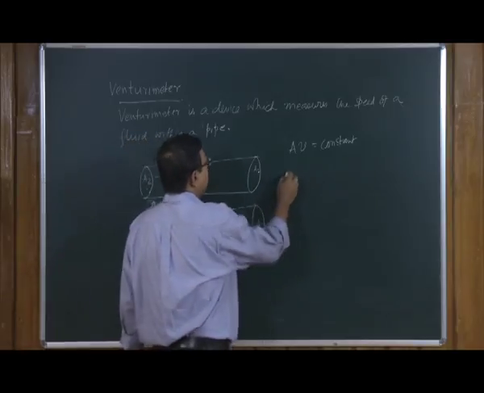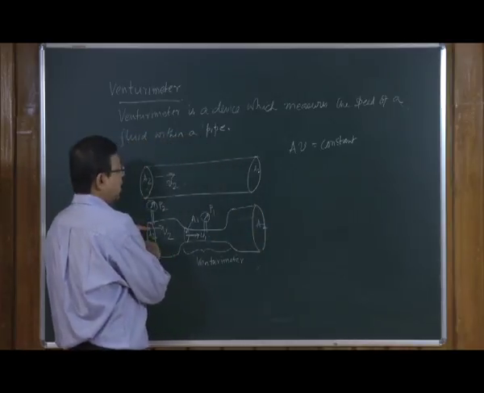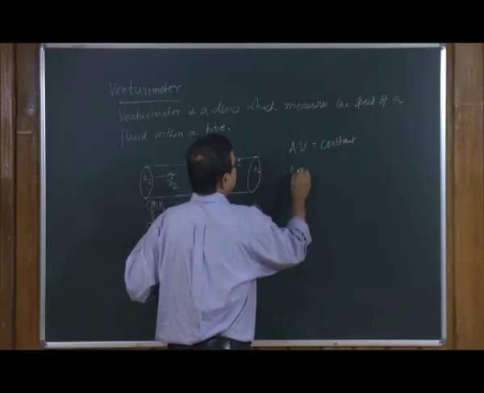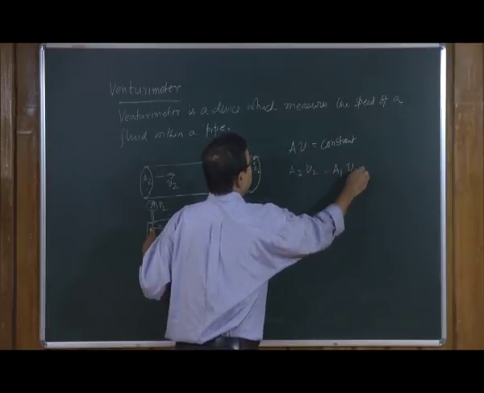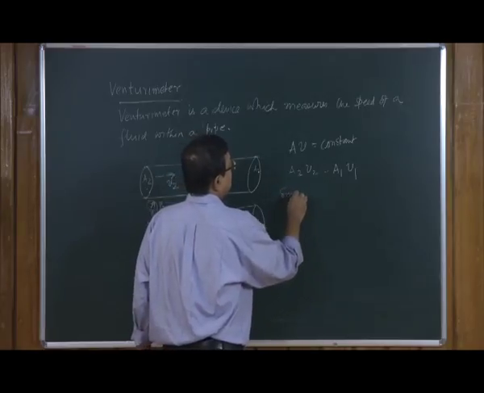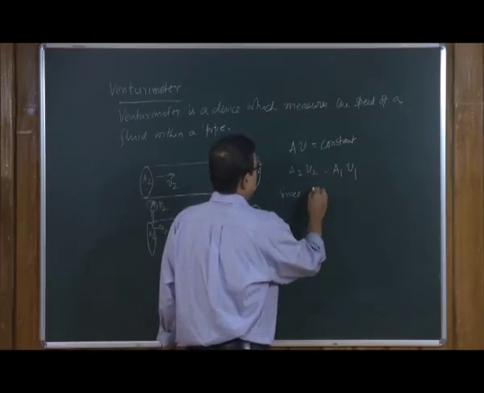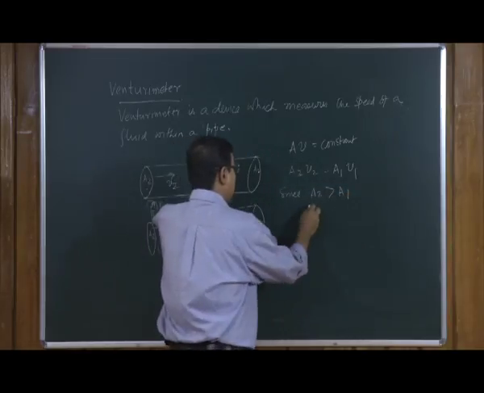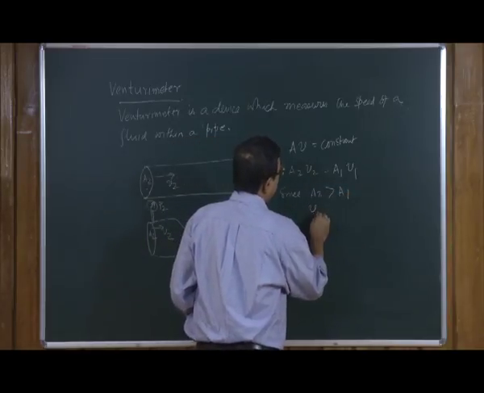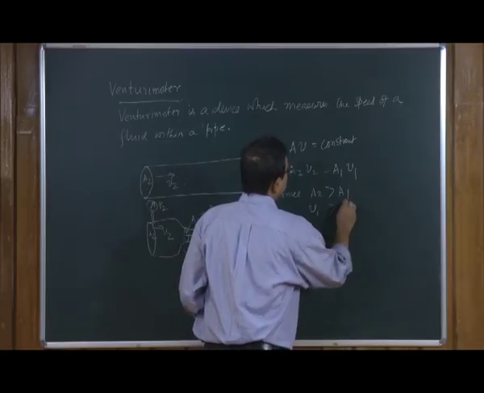For these 2 points we have A2 V2 equal to A1 V1. Since A2 is greater than A1, I have to have V1 greater than V2.